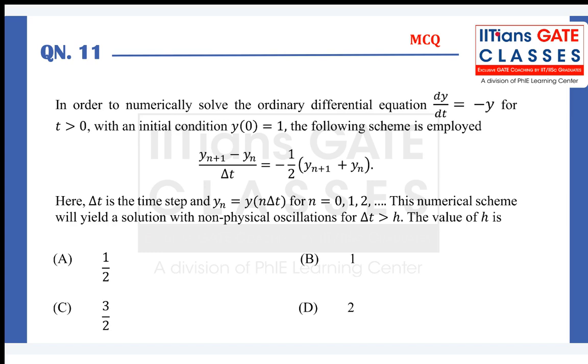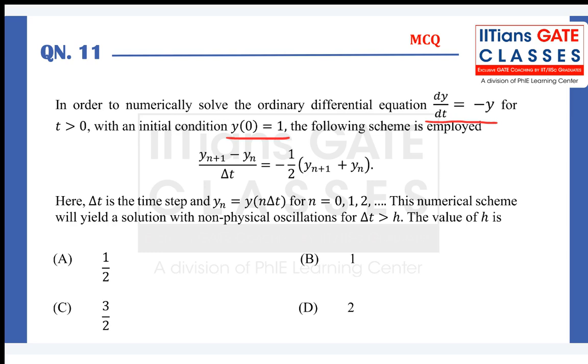If you look at this, they have given you a numerical scheme for solving a differential equation. Let's read the question first. In order to numerically solve the ODE dy by dt equal to minus y for t greater than 0, you can consider t as a time coordinate. So it is a 1D transient problem. At t equal to 0, y is 1.